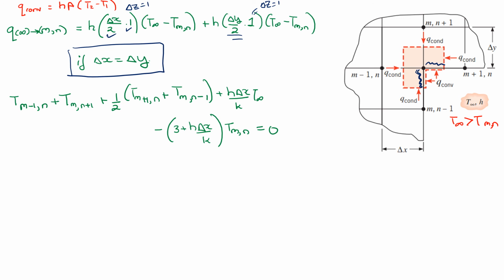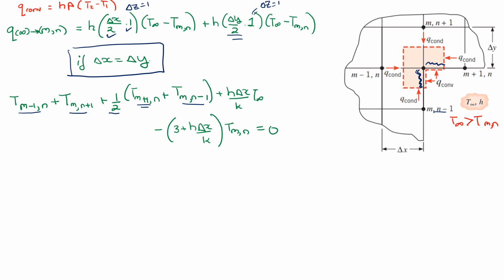Our equations will reduce down to T of m minus 1 comma n plus T of m comma n plus 1 plus half, and that's because our areas were half, that's why we have the half factor here, half of T of m plus 1 comma n, which was the node at right, plus T of m comma n minus 1, which is the node on the bottom, plus h into delta x by k into T infinity.